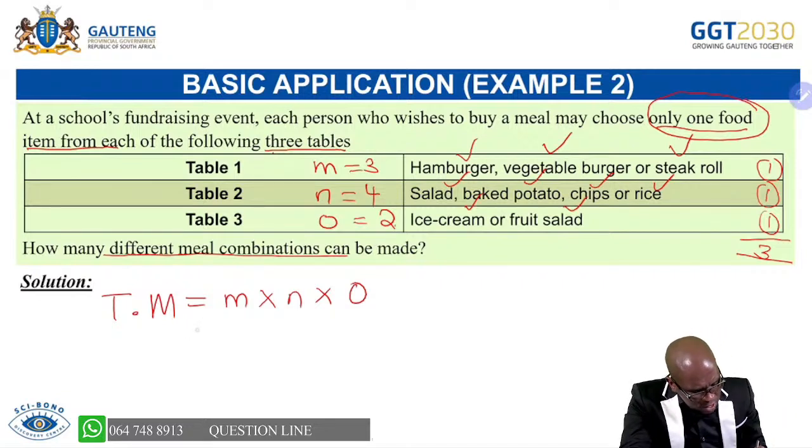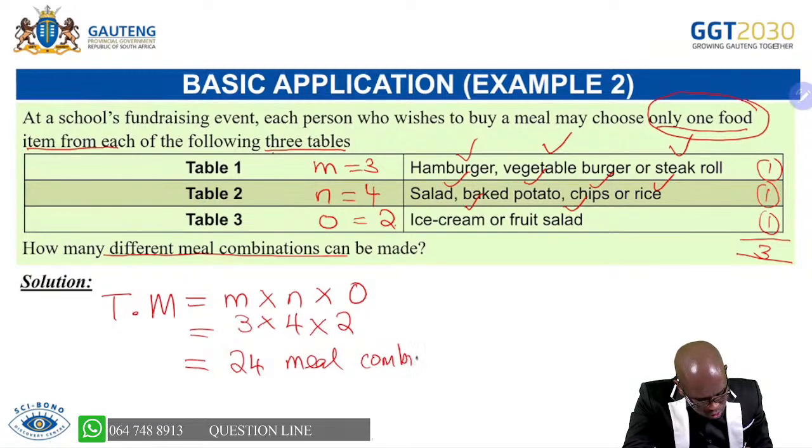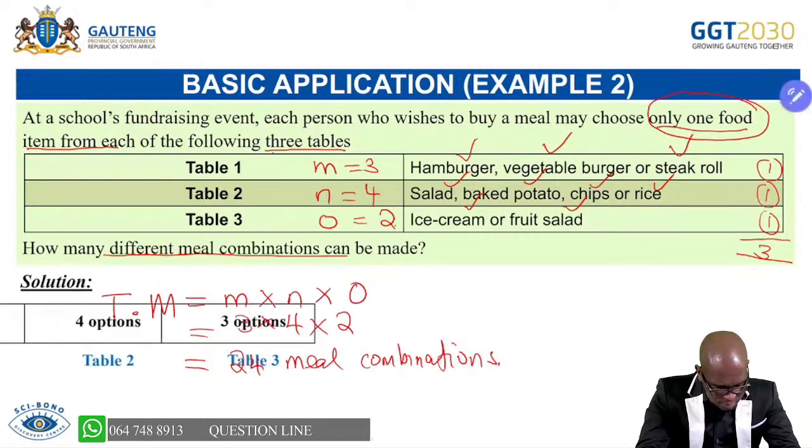So now, we would have that this would be given by 3 times 4 times 2. So this would be 12 times 2. That would be 24 different meal combinations. So 24 different meal combinations. So that is what you'll have there. So that's how you should be approaching it.